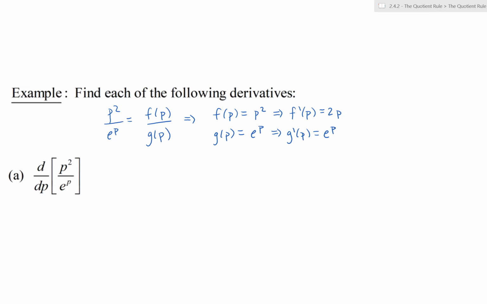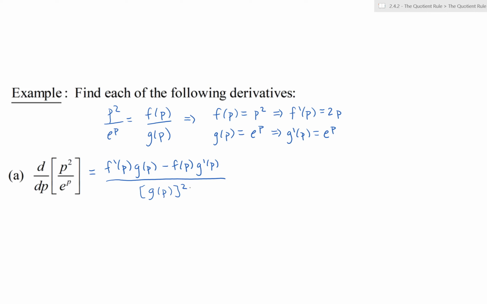Now remember, this derivative here, let's just write the quotient rule again so we get it down. This is going to be f prime of p times g of p minus f of p times g prime of p, all divided by g of p, that function, squared.